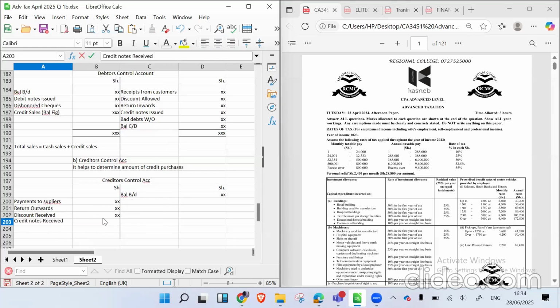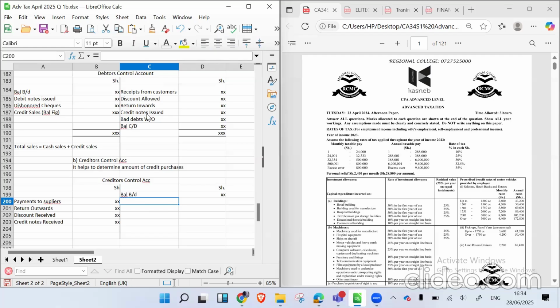Anything issued affects sales; anything received affects purchases. We receive from our suppliers, but we issue to customers. That's why these are credit notes issued, and these are debit notes issued.